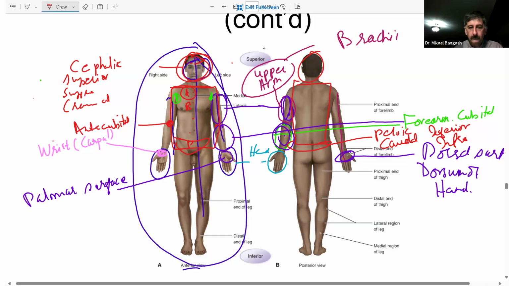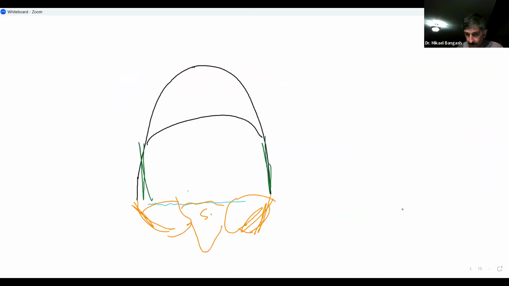Cervical in anatomy is going to be the cervical area. Costal. Now our L here is pertaining to.